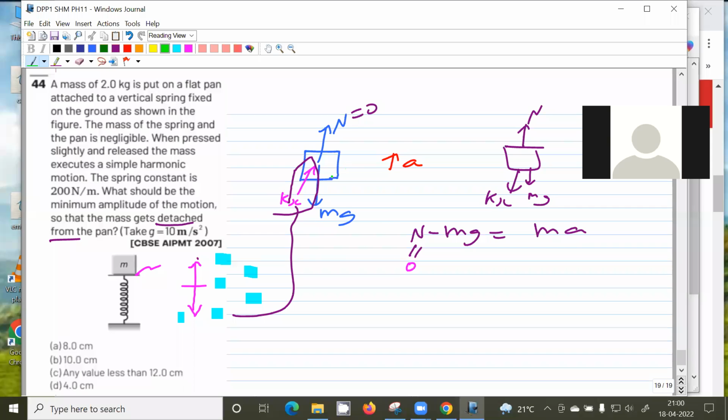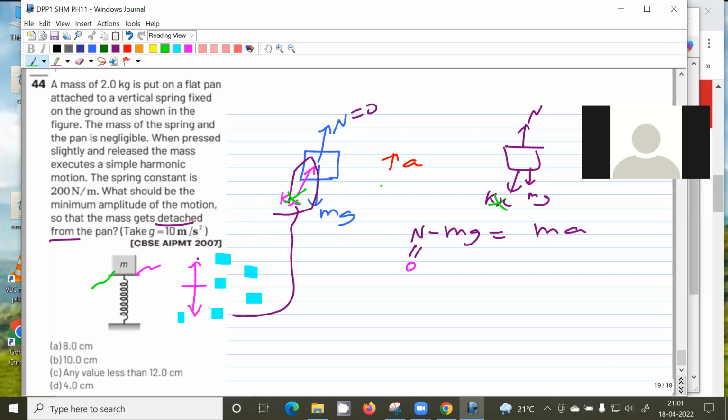If this is the free body diagram of only the mass, kx won't be there. There is no contact between the mass and the spring. There is contact between the mass and the platform. The spring is connected to the bottom of the platform, so there is no connection between the mass and the spring directly. The connection between the platform and the mass is the normal reaction.